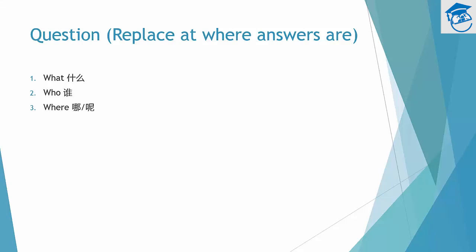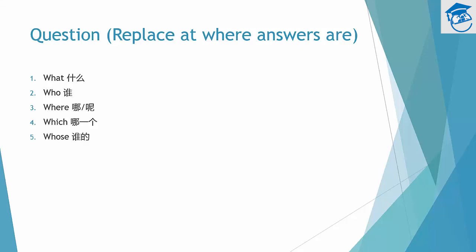Number 4, which is 哪一个. Of course you can always substitute the quantifier 个 with other quantifiers like 科, 位, 之. It depends on what objects you are referring to that you give a different quantifier for that.